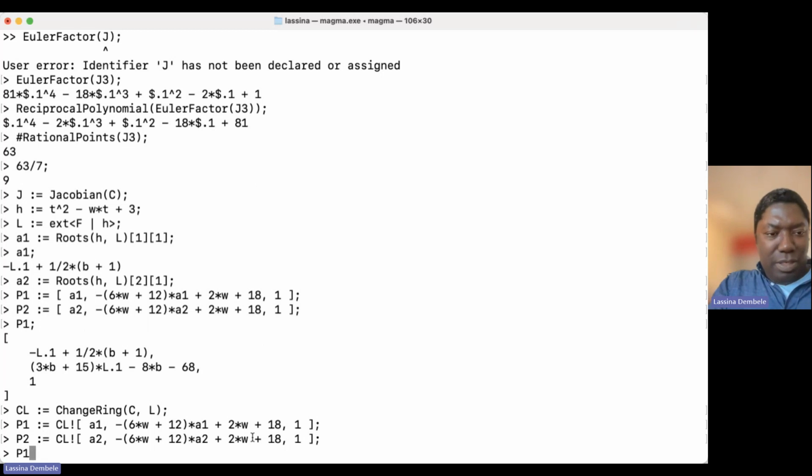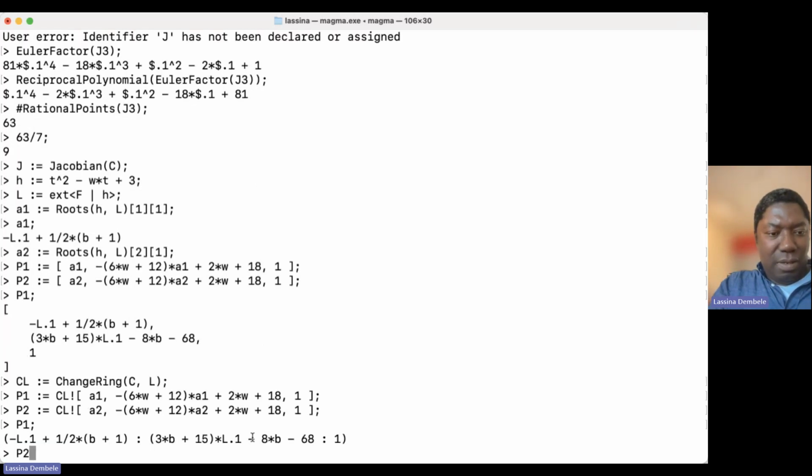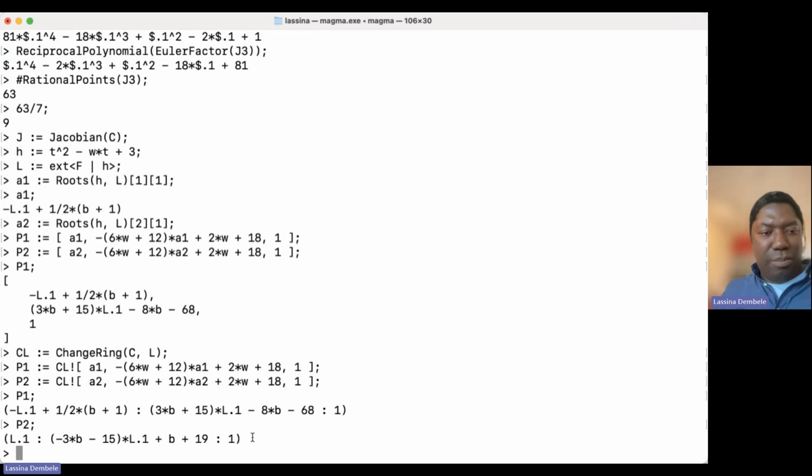And yeah, so now the points are given in the projective representation. So these are points on the curve C base change to the quadratic extension. And we are going to get a degree 0 divisor by taking, so I'm going to base change the Jacobian also.